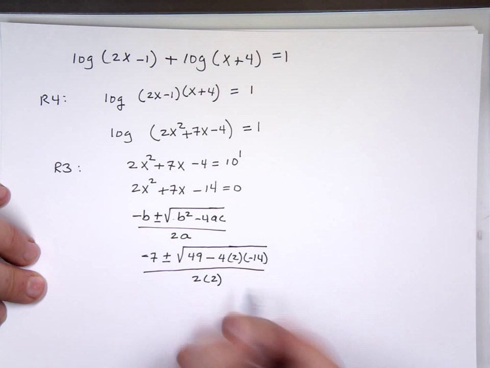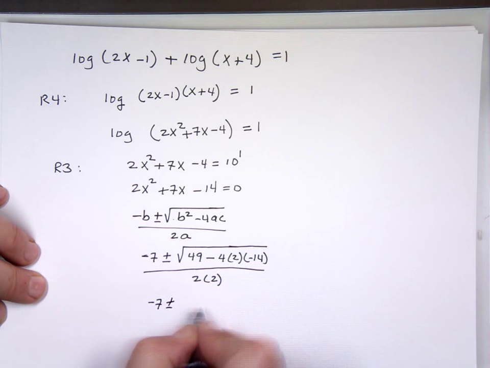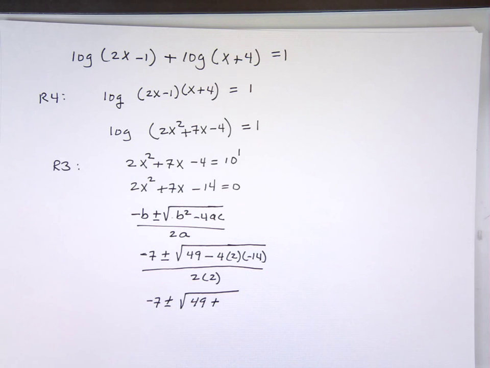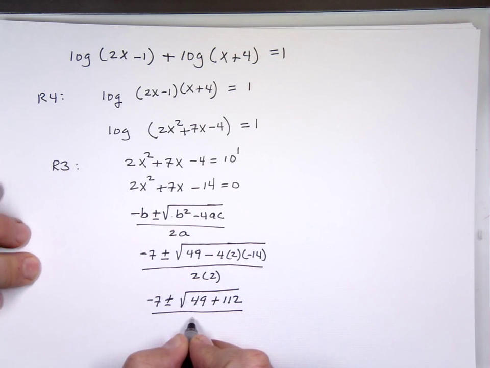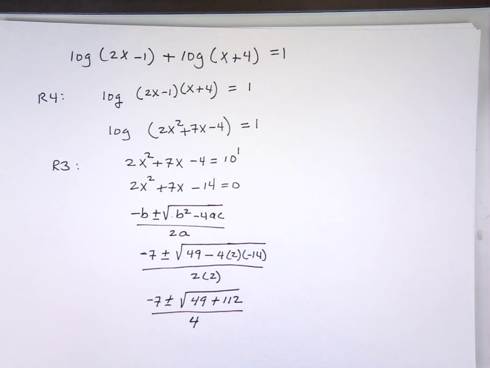Minus 7 plus or minus the square root of 49, this becomes a plus 8 times 14. 8 times 14, 112. Divided by 4, plus the 49, 161.